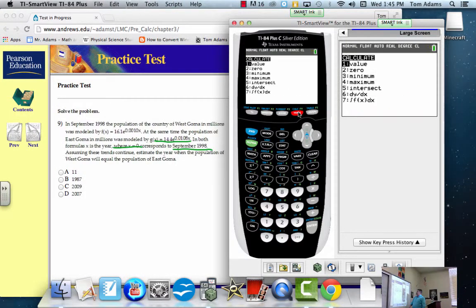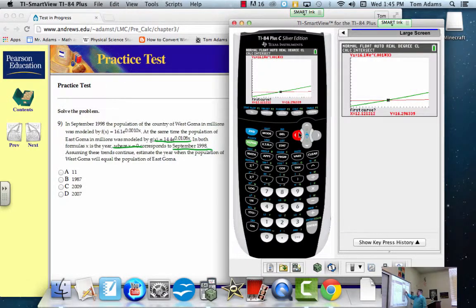So if I hit second trace calc, and I choose option number 5, which is intersection, and I get my cursor pretty darn close to where they both cross, hit enter, enter, enter, and it says that it crosses at about 11.4. So when x is equal to 11.4 roughly, then the y values for both functions are about 16.3 million.